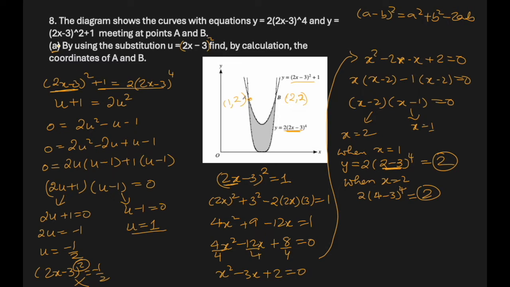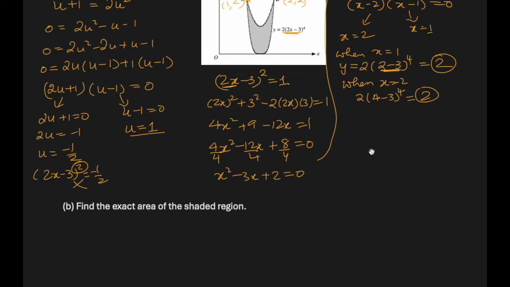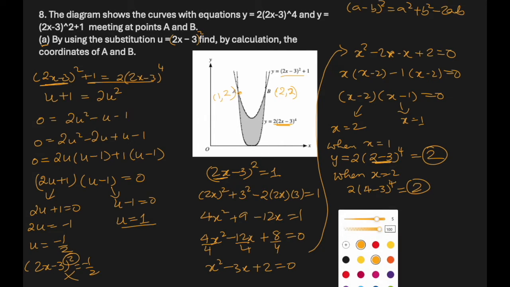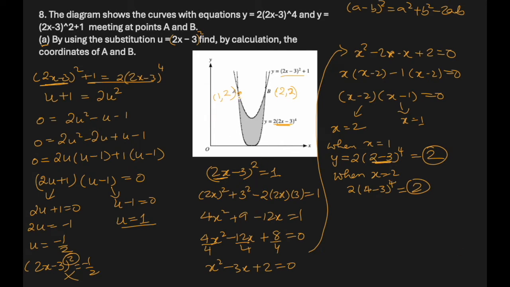And this is just the A part. That means there is some B part also. Find the exact area of the shaded region. So what will we do? We will find the area under the shaded region by putting some straight lines here. So if I find the area under the upper curve, I'll find this whole area, right?